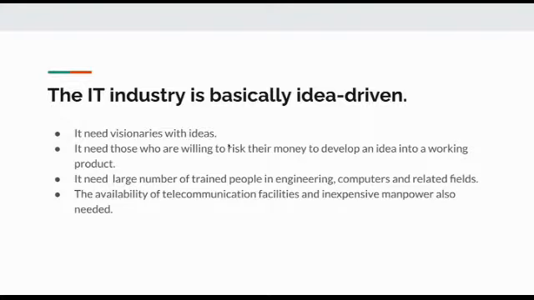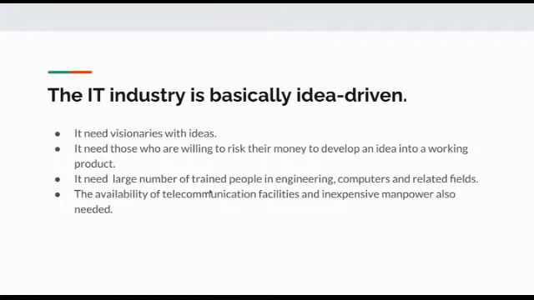It needs visionaries with ideas on how to use IT to change the way we live and work. So it changed a lot in our life and work, and it needs those who are willing to risk their money to develop an idea into a working product.